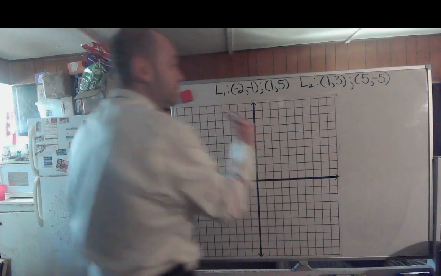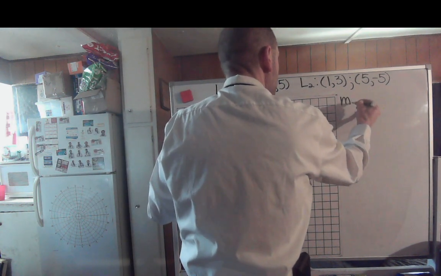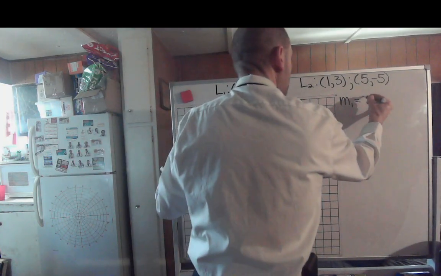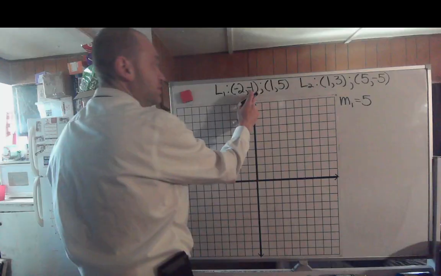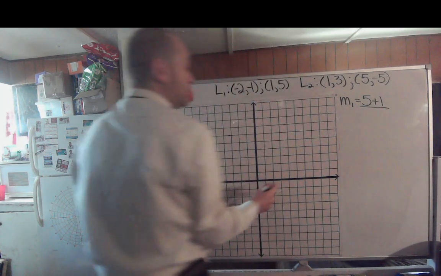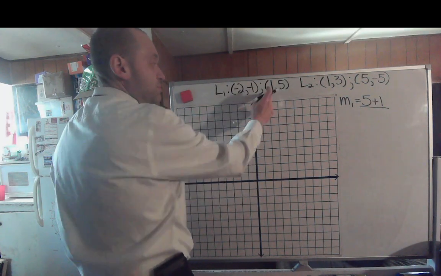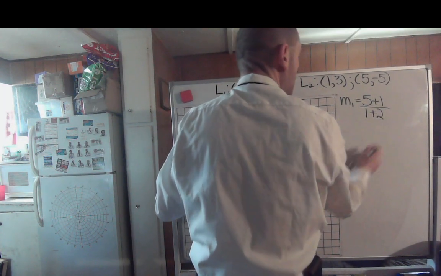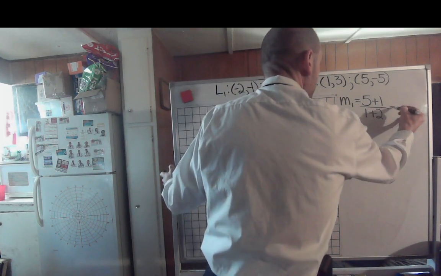So let's find the first slope. Slope of the first line: your y2 is 5 minus your y1 of -1, so this would become 5 plus 1, over your x sub 2 of 1 minus your x sub 1 of -2, so this would become 1 plus 2. You get 6 over 3, which is 2.